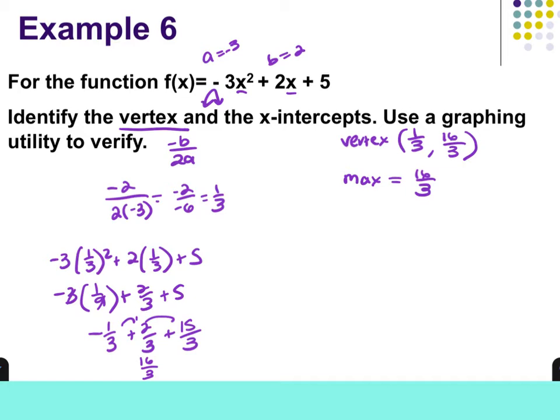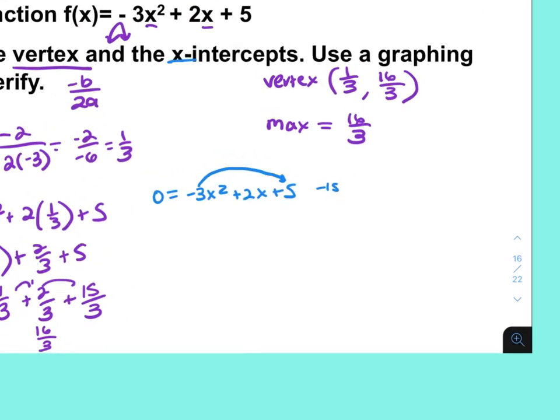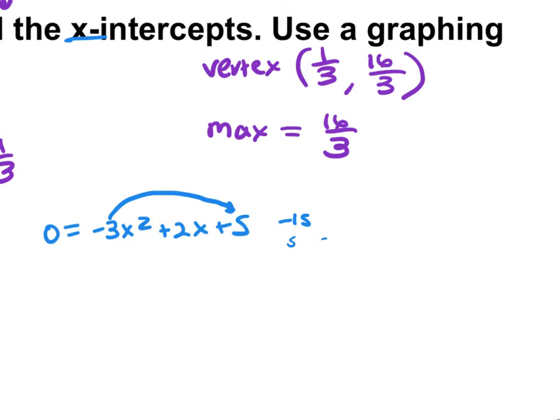Now the x-intercepts come from setting this equal to 0. 0 equals negative 3x squared plus 2x plus 5. I'm going to factor this, multiply first times last, negative 15. Factors of negative 15 that sum to positive 2: positive 5, negative 3. Substitute those back in the place of the 2x and factor by grouping.